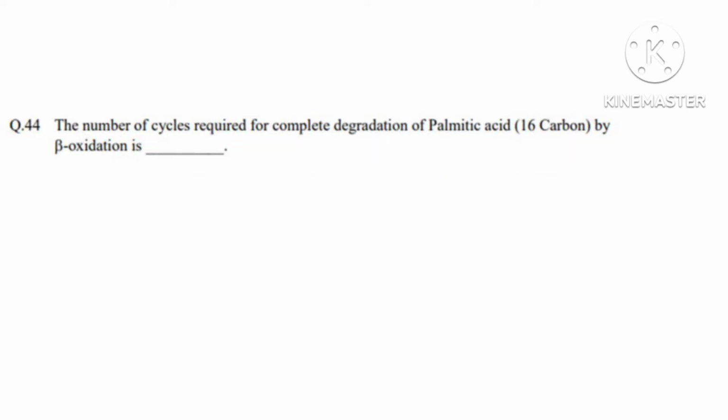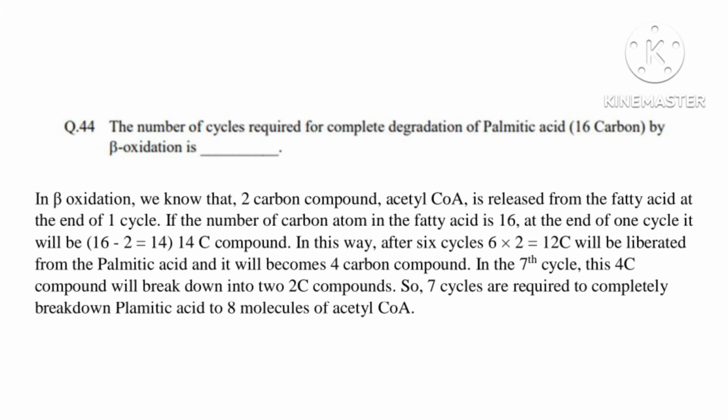Next, you have to calculate the number of beta oxidation cycles required for complete degradation of palmitic acid. In beta oxidation, we know that a 2-carbon compound called acetyl-CoA is released from the fatty acid at the end of 1 cycle. If the number of carbon atoms in the fatty acid is 16, at the end of the cycle it will be 16 minus 2, or a 14 carbon compound.